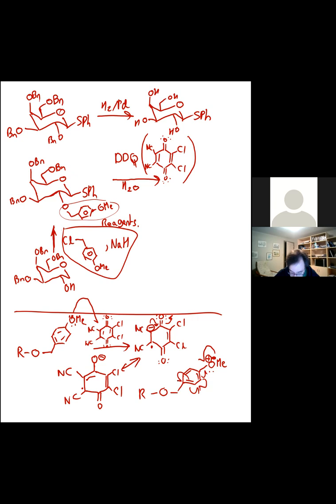So let's do that and flip the page. And so we're going to keep track of what's going on with DDQ and what's going on with this other molecule. So our DDQ again at this stage, O minus, radical here, thing here, lots of chlorines, some cyanides. It's awesome.